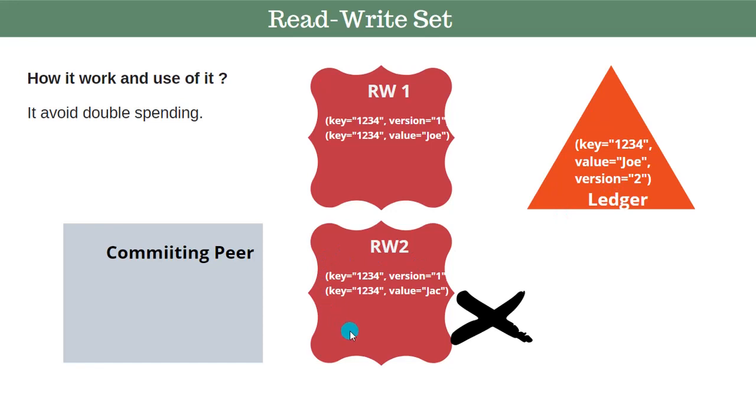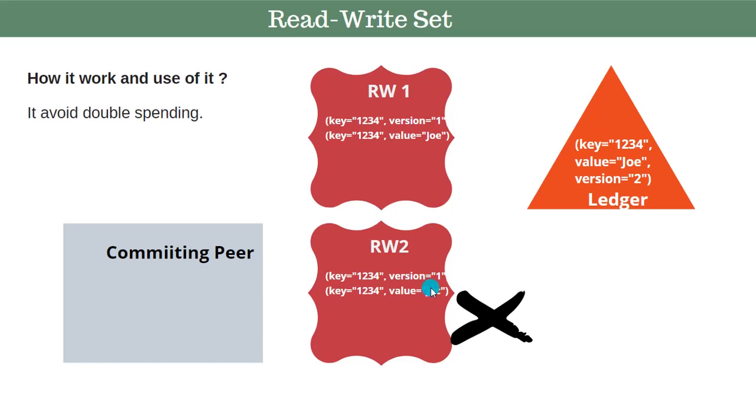Now it will take the second read and write set. Here the version we have got is 1, but the value is Jack. Now what will this peer do? As we understand, it will compare the version first of all. Here the version is 1, but in the ledger the version is 2. So there is a mismatch, right? So the committing peer will know that something is wrong.